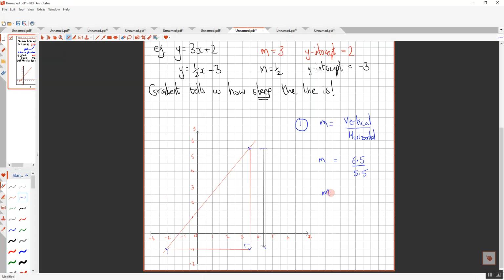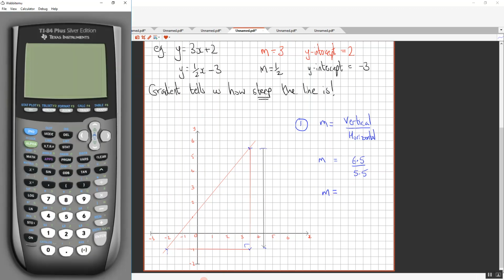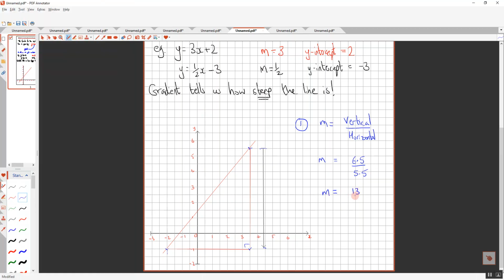So what I can do then is put this into my calculator. 6.5 divided by 5.5 is equal to 1.18, and let's change this into a fraction. So that is 13 over 11.